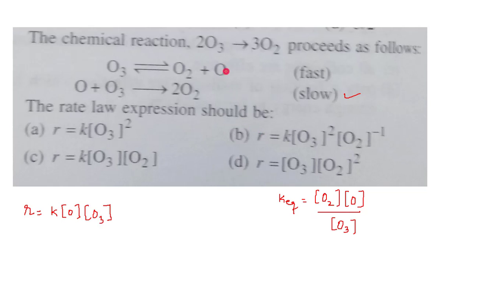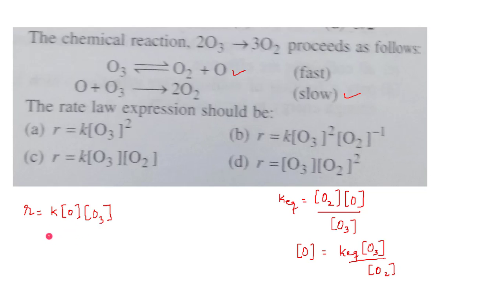From this equation. So you have to find out the value of O. So molar concentration of O will be equal to K equilibrium multiplied by O3, this comes here, and O2 will go down, divided by molar concentration of O2, right? So you got the value of the intermediate, equal to K equilibrium into molar concentration of O3 divided by molar concentration of O2.